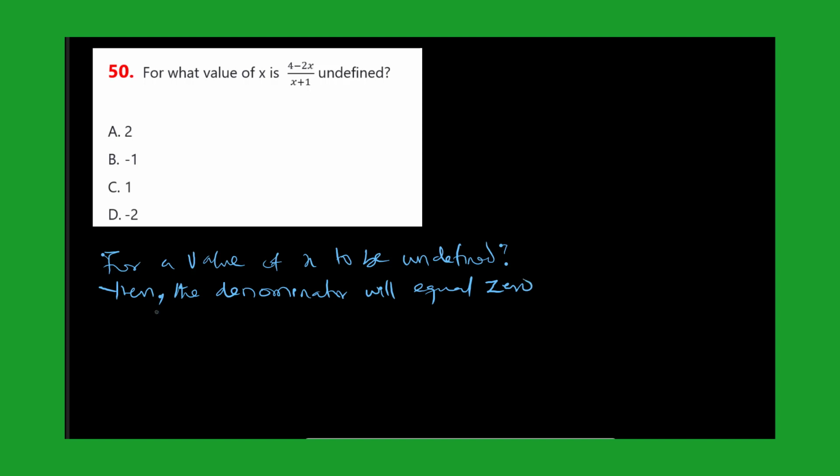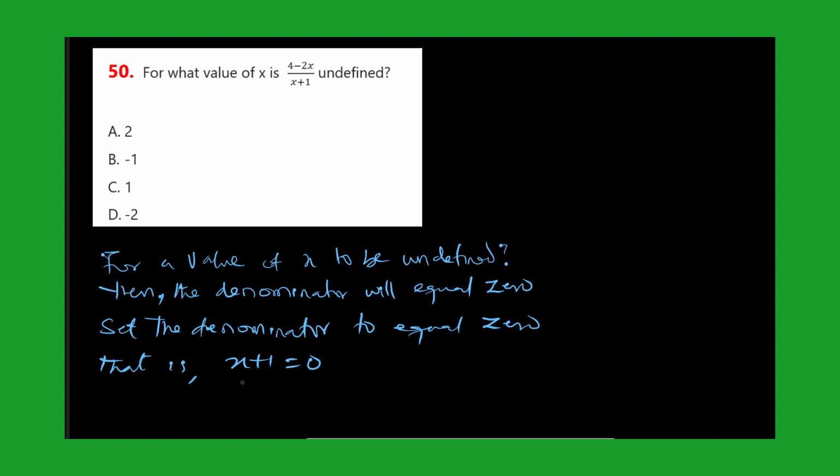So for us to find the value of x, we need to set the denominator equal to 0. That is, we are going to set x plus 1 equals 0. Therefore, x equals minus 1. That's just the final answer.